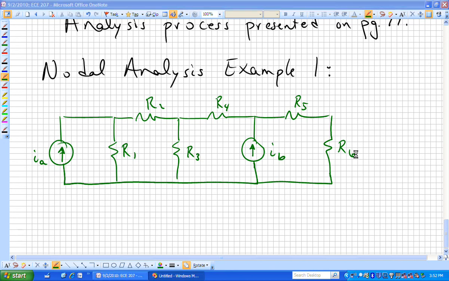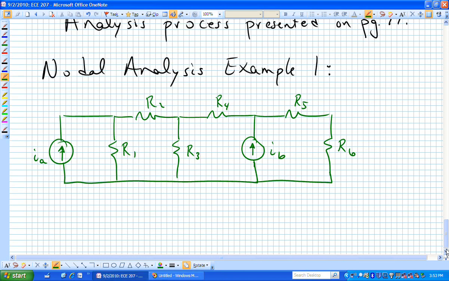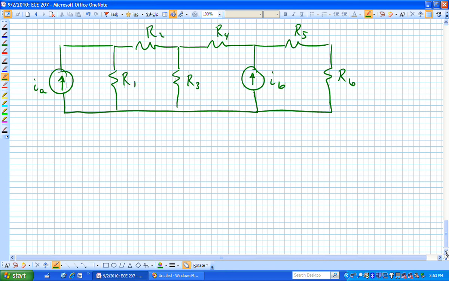And we want to find all the important information about that circuit. We're given I sub A and I sub B, and we're given the resistor values. We now need to figure out what else we need to learn about that circuit. Here's the approach that we're going to use. First, identify the nodes.